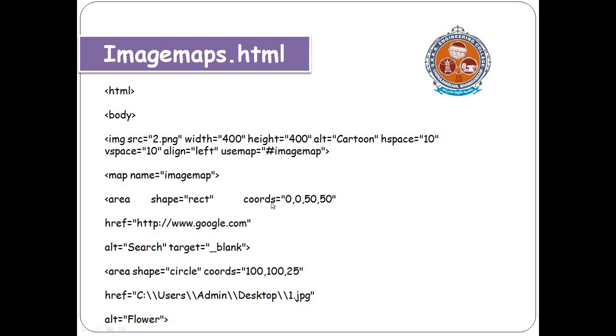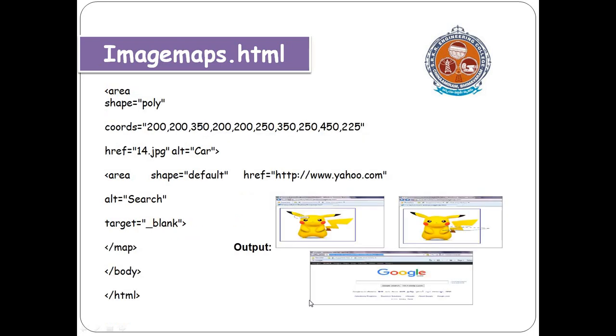Area shape rectangular, coordinates 0 0 50 50, href equals http google.com, alt equals search, target equals blank. Then area shape circle, coordinates 100 125, href, and here I define alt flower. Then area shape poly, coordinates, href. So these are the coordinates you have to define like that.